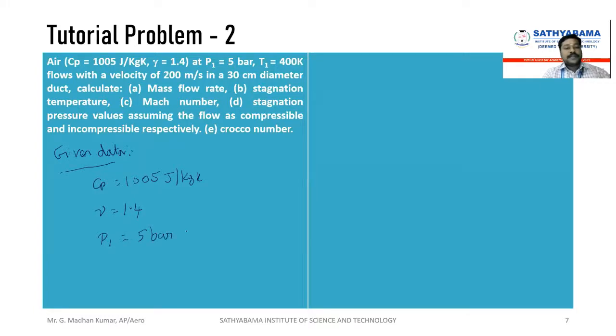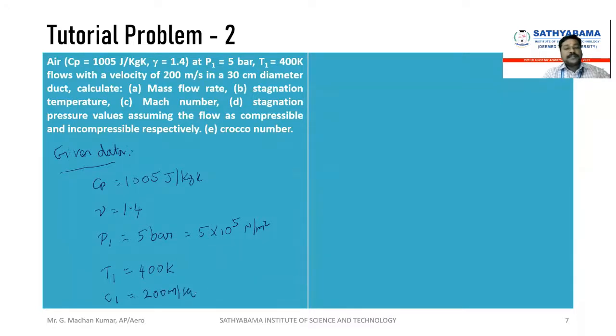Convert it to Newton per meter square, so 5 into 10 to the power of 5 Newton per meter square. The T1 is already given in Kelvin, no conversion needed, 400 Kelvin, and then velocity C1 is also given. It was 200 meter per second.